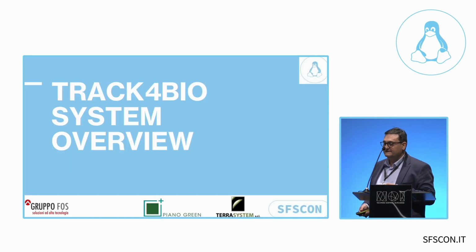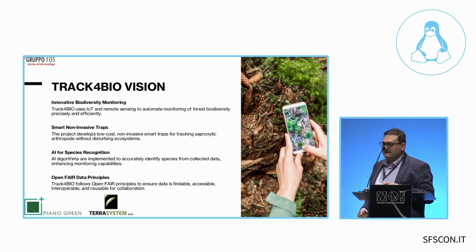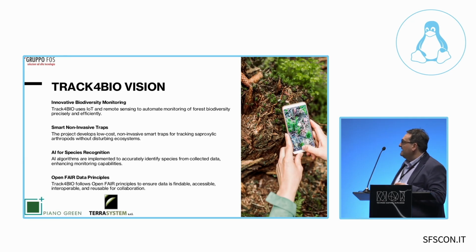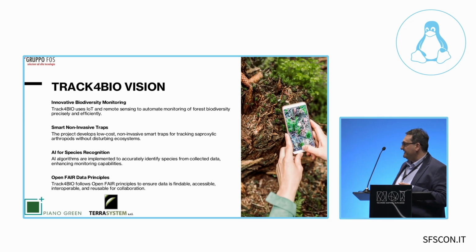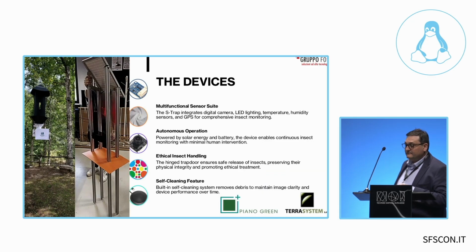Track for Bio is one of the projects. We had one vision when we started: to find a non-invasive system to see and count this insect by using AI and the open FAIR data principles. So we made these devices.